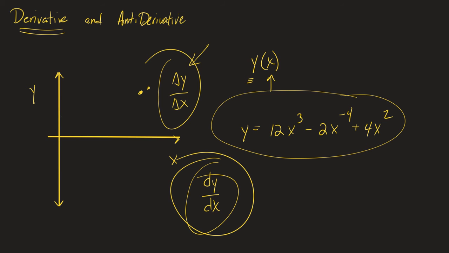Now, when we talk about applying the derivative to my function, what was my function just a minute ago? 12x cubed minus 2x to the negative fourth plus 4x squared. I could ask the math to tell me the derivative of my function.